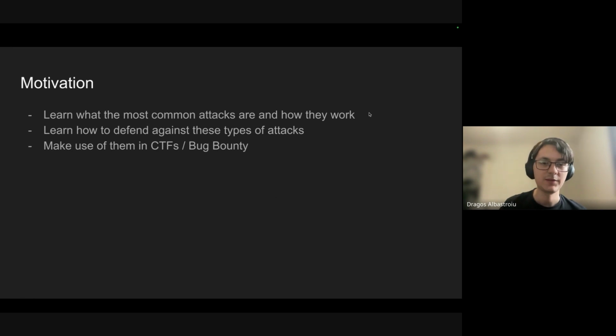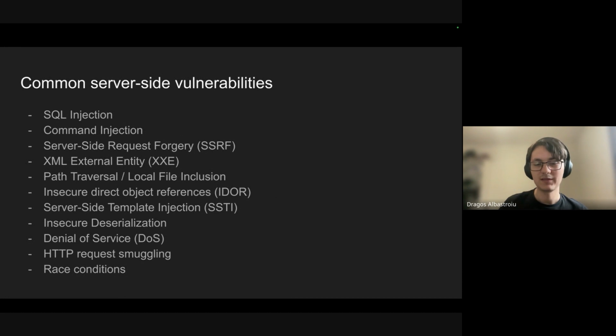So as some motivation, we're going to learn and discuss what are some of the most common attacks and how they work. By doing that, we also learn how to defend against these types of attacks and how we can make use of them in CTF as our bug bounty. So this is a list of the common server-side vulnerabilities.